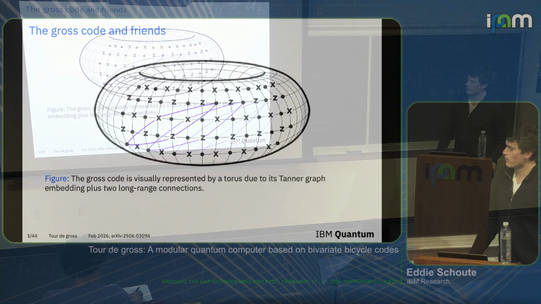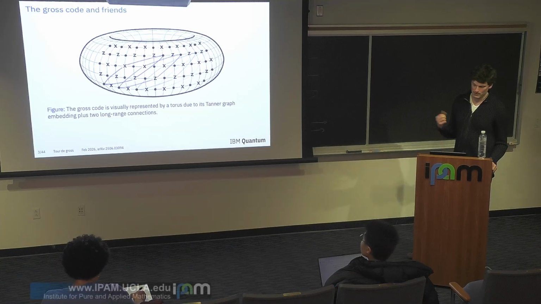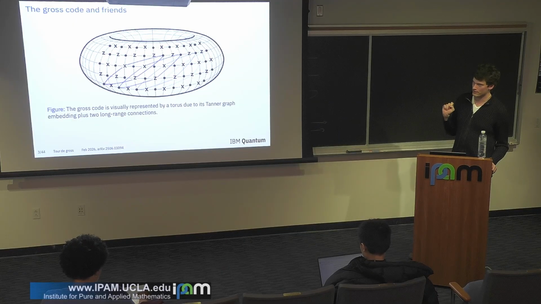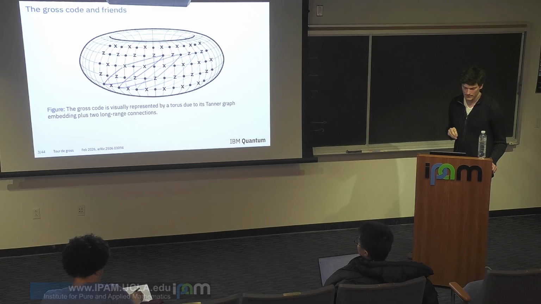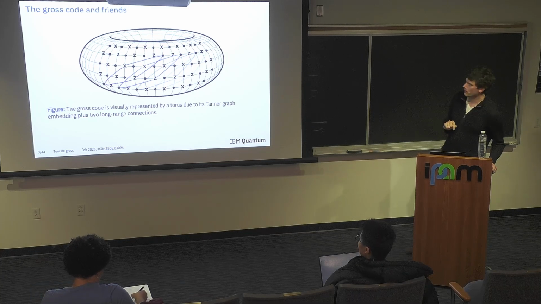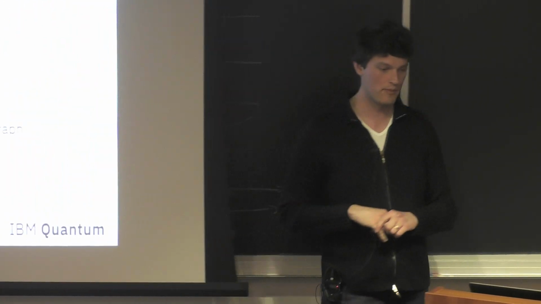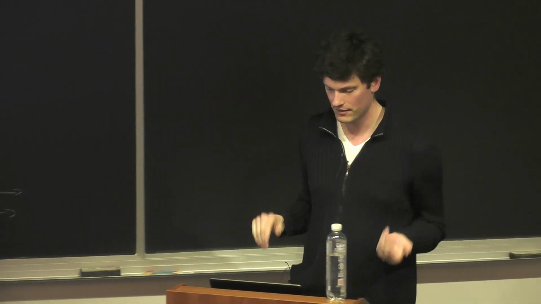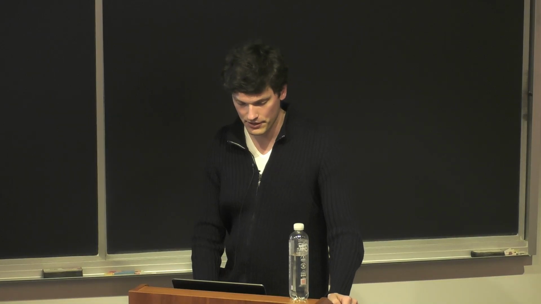We represent the Gross code using this torus, and it's maybe a little bit deceptive, because we also need these purple edges, the so-called long-range connections, to implement the Gross code. This picture is from its Tanner graph representation, which relates to what syndromes need to be measured.